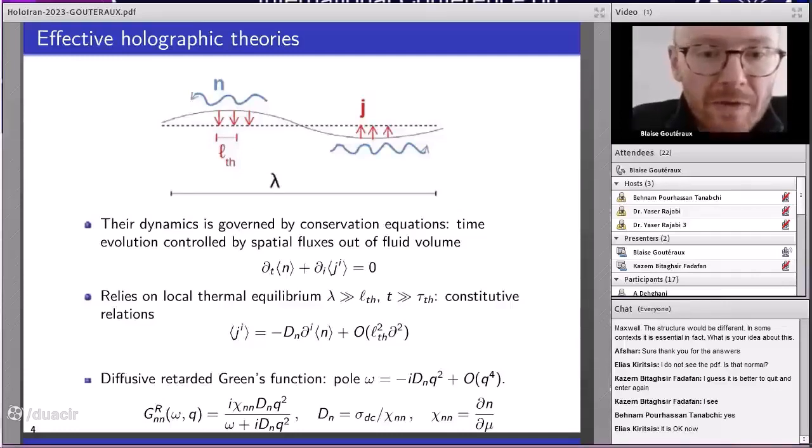Here we see the appearance of a diffusivity, which is related to the DC conductivity by the Einstein relation, and also involves the static susceptibility chi_n, which is simply the thermodynamic derivative of the density with respect to the chemical potential.